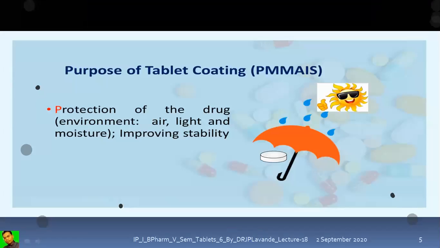As I said, we had gone through the coating processes, the tablet coatings, isn't it? The tablet coating has certain purposes.